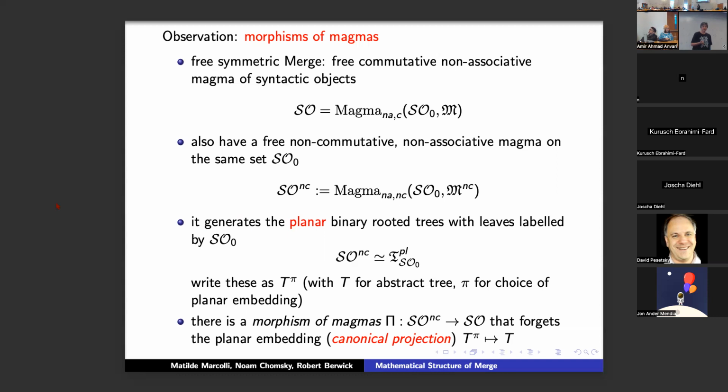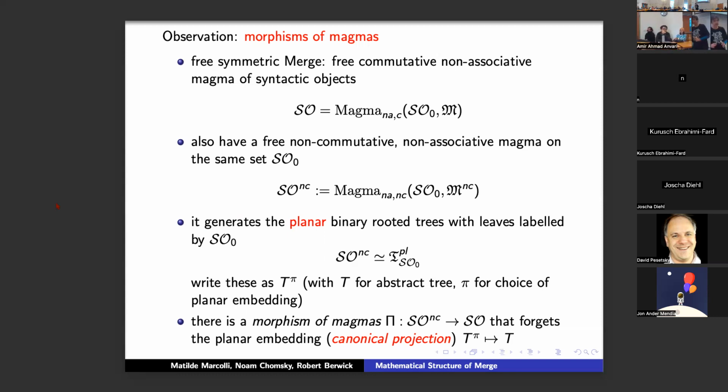The non-commutativity of this merge operation is what makes your trees planar rather than abstract, because now you can no longer flip. Now alpha is no longer the same as beta as planar trees. They are the same as abstract trees, but not as planar trees.